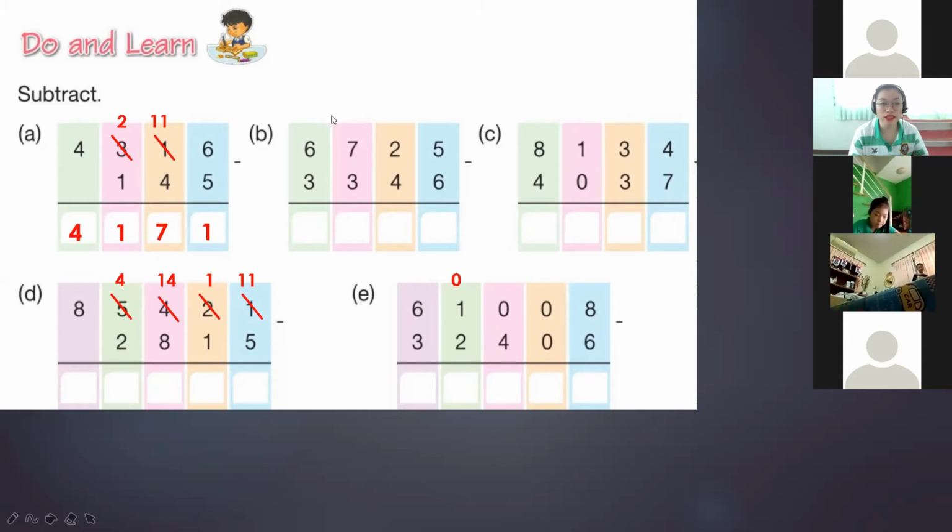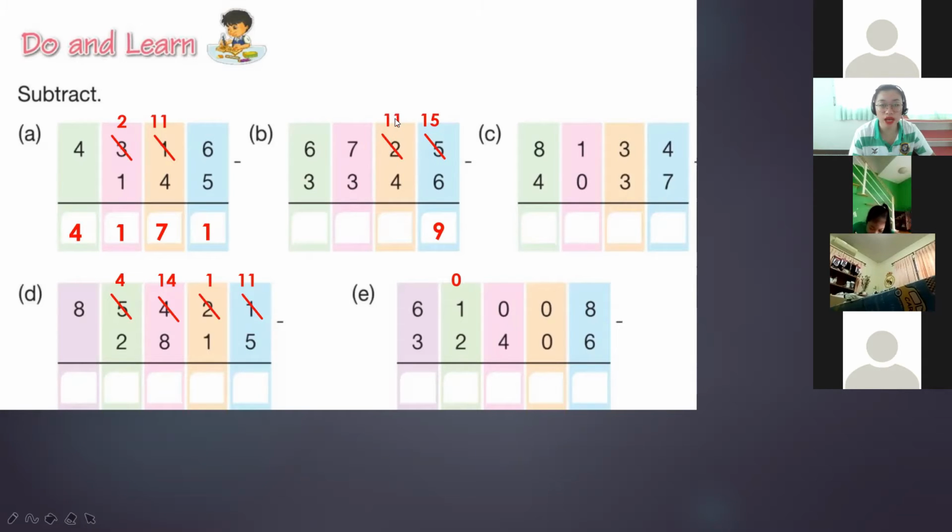Next is letter B. We have 6,725 minus 3,346. Let's start in the ones place. 5 is smaller than 6, so we cannot subtract them. So we need to borrow from 2. So 2 will become 1 and 5 will become 15. So 15 minus 6 is equal to 9.